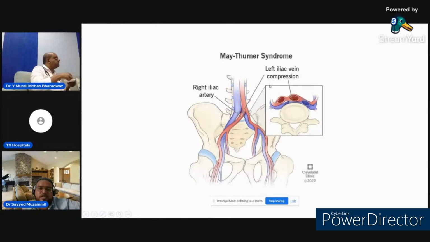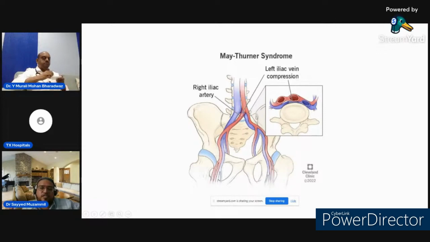You can see what May-Thurner syndrome is and what happens in it. Here, due to abnormal position of the great veins and great arteries in the pelvis, the left common iliac vein is compressed by the right iliac artery. You can see here, the left common vein, which is present posteriorly, is getting compressed between the right iliac artery and the spine.